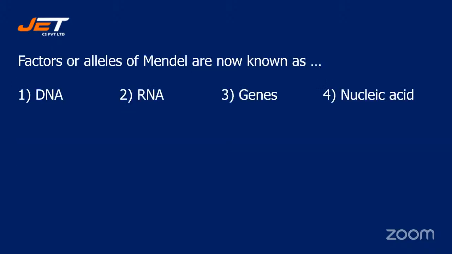Next one. Factors or alleles of Mendel are now known as, and your options are number 1, DNA, option number 2, RNA, option number 3, genes, or is it option number 4, nucleic acid? Factors or alleles of Mendel are now known as DNA, RNA, genes, or nucleic acid.